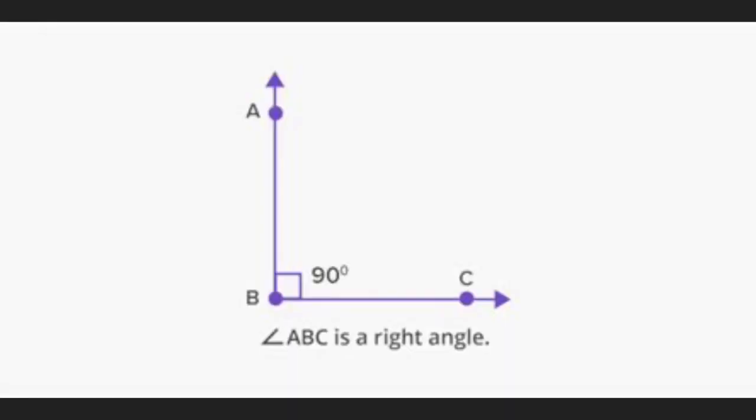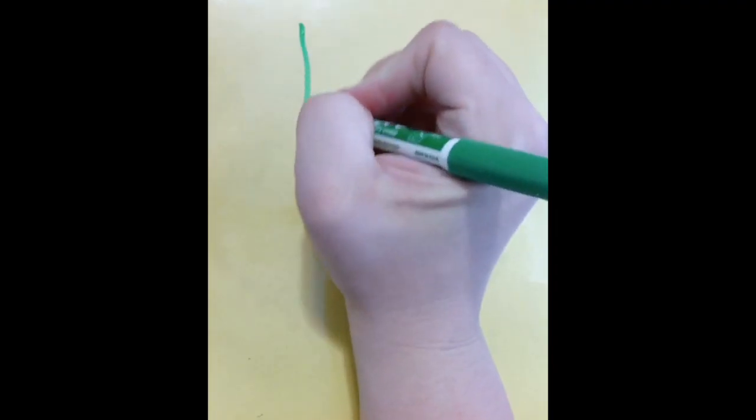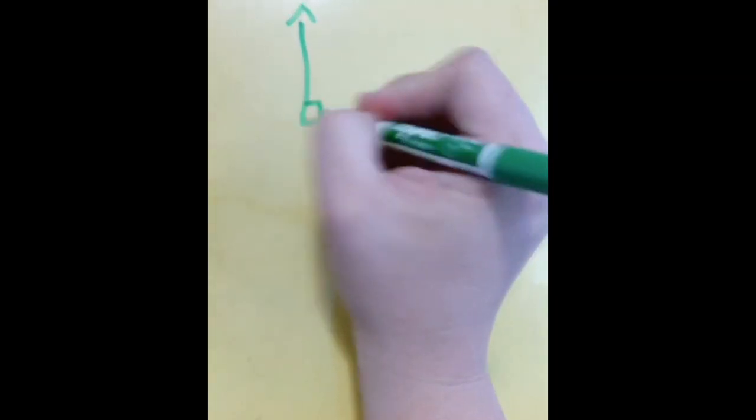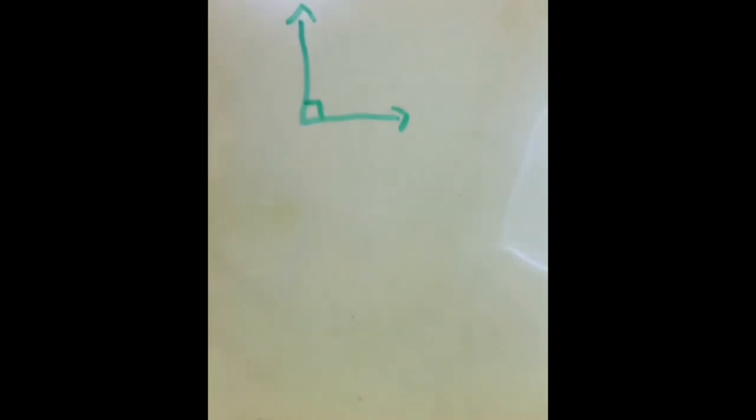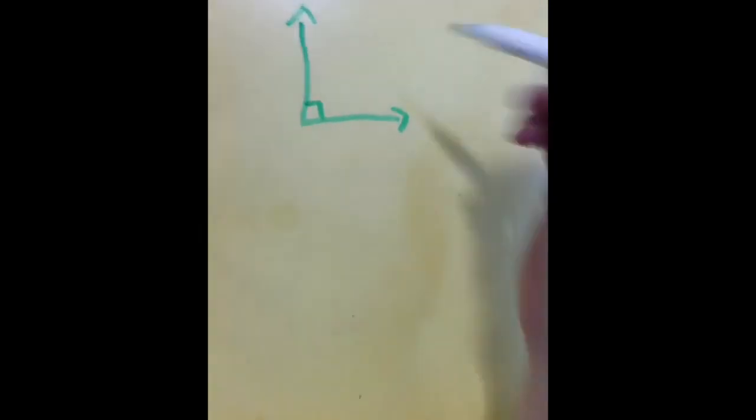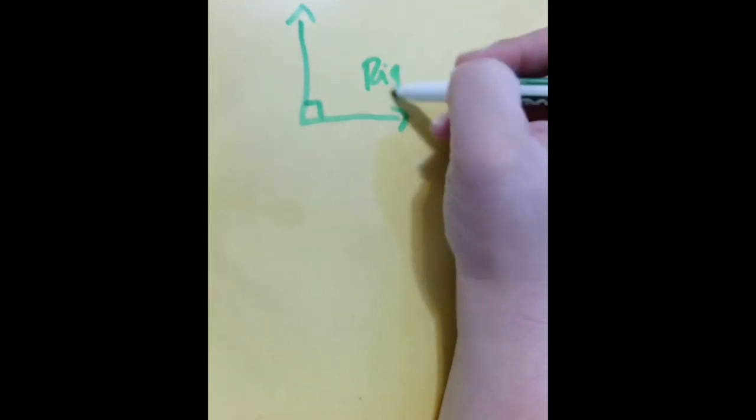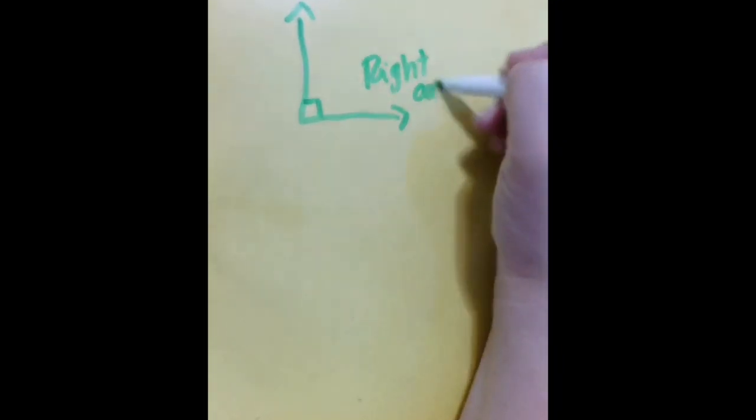All right, guys. So the first thing that I want to go over with you are two specific types of angles. The first angle I want us to look at is this angle. Who knows what this angle is called? I hope you said a right angle. Right angle.